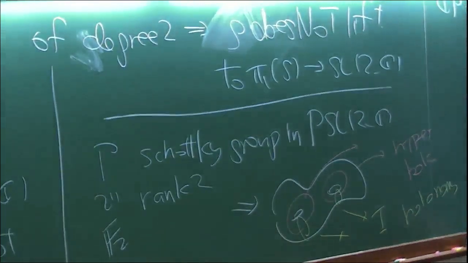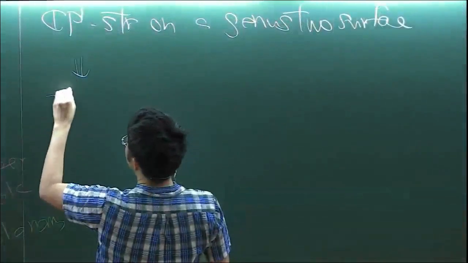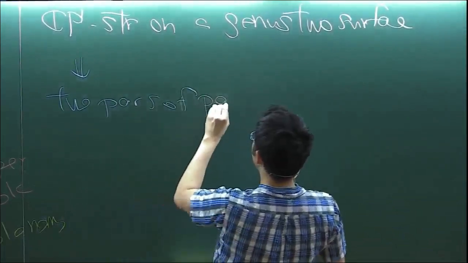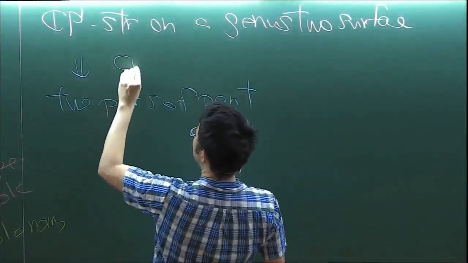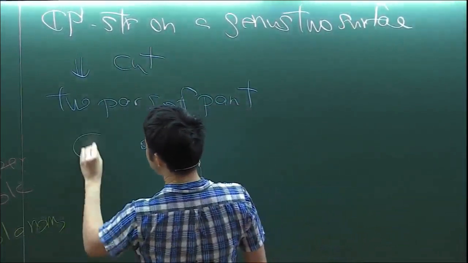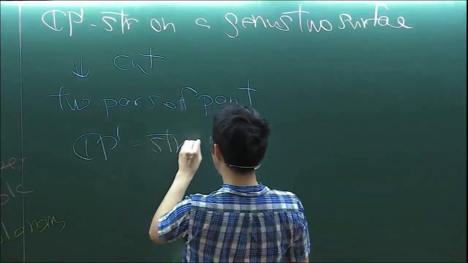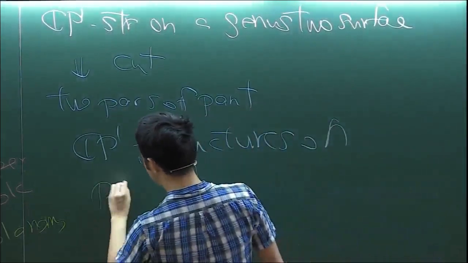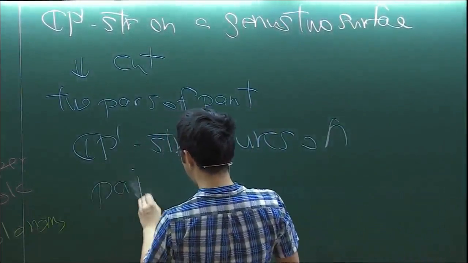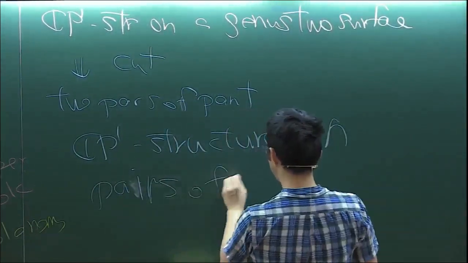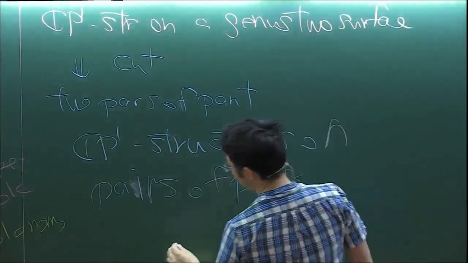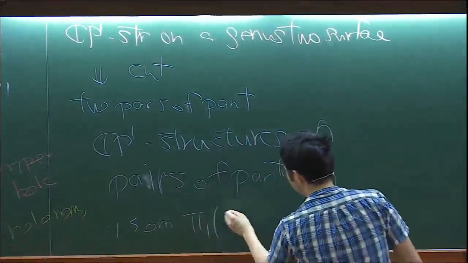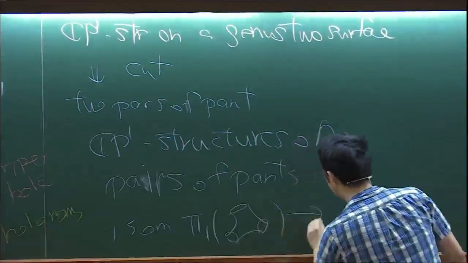And then from here we can cut into two pairs of pants, and then we have CP1 structures on pairs of pants, whose holonomy representation is an isomorphism from the fundamental group of pairs of pants onto the Schottky group.